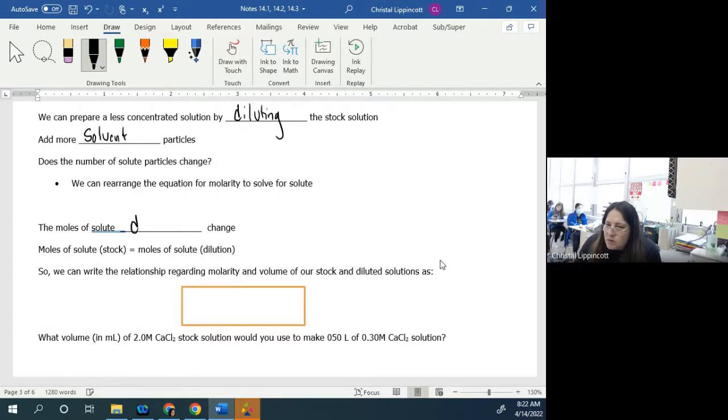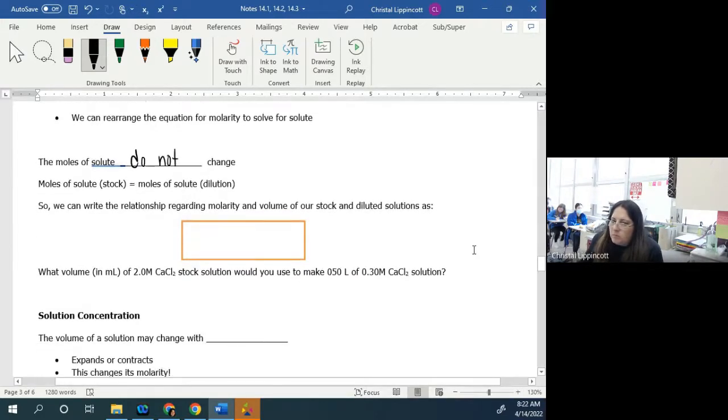So the moles of solute do not change because we're just adding in solvent. So the moles of our stock solution equal the moles of our dilute solution.